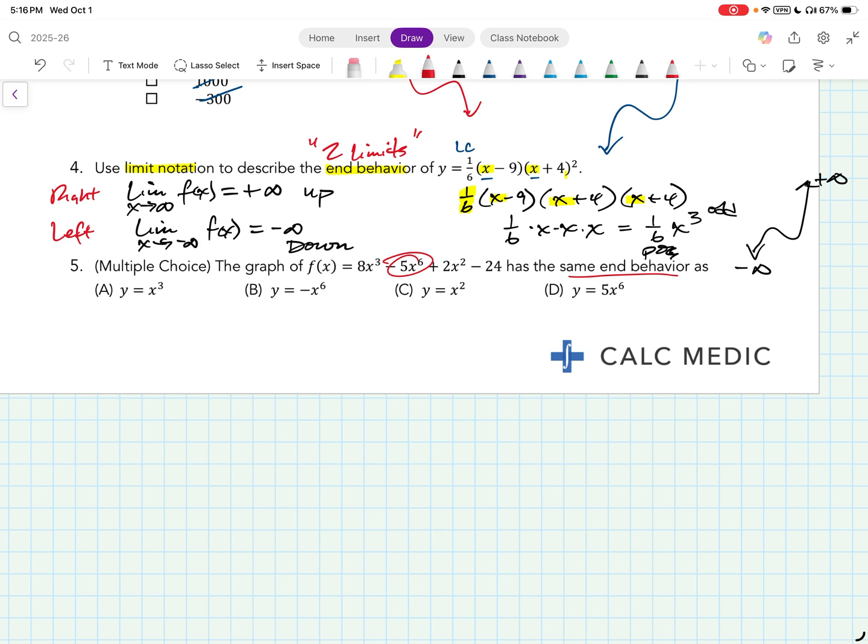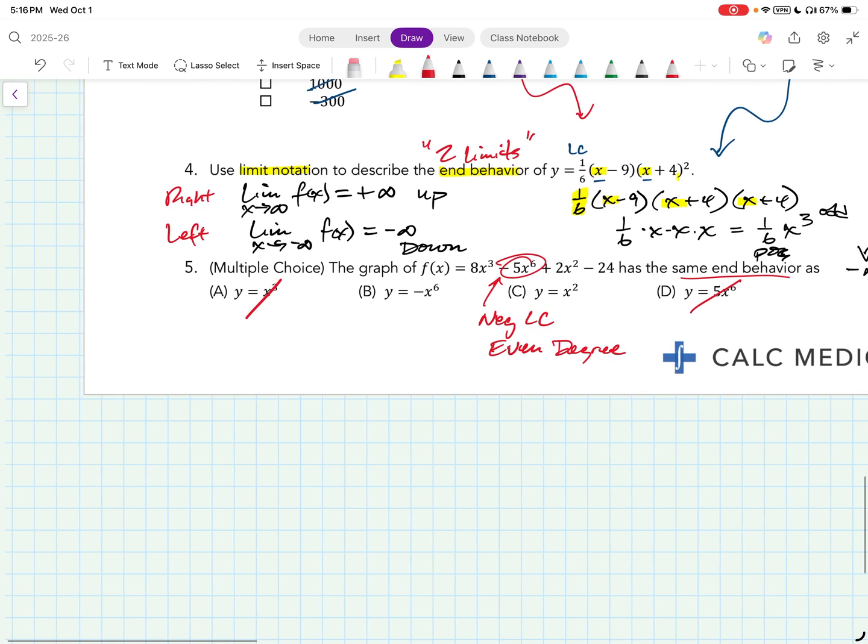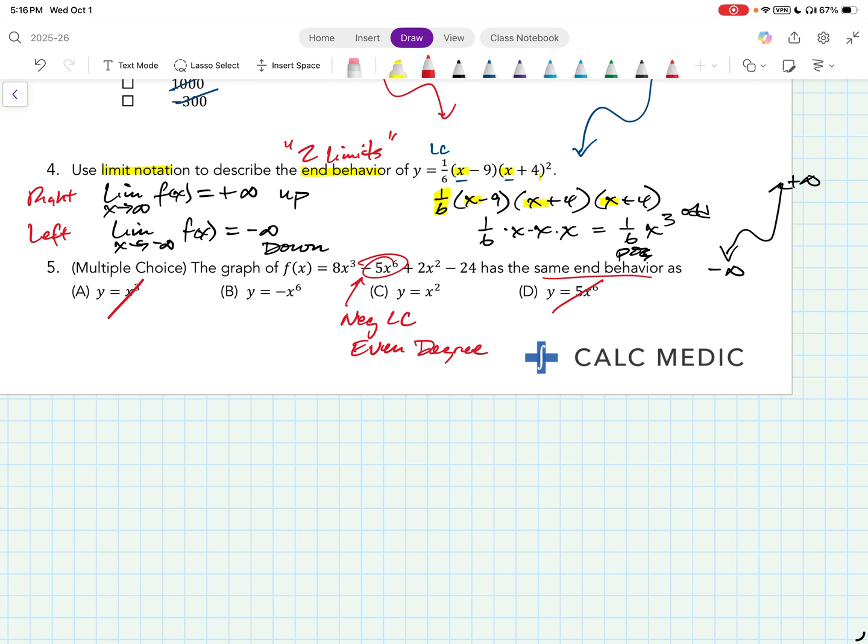You want to pick something with a negative lead coefficient and even power, or you can say even degree, same thing. So that's not going to do it. D is not going to do it. A is not going to do it because it's odd degree. How about this one? It's got -1 as lead coefficient and it has the same degree. So it's got to be B.